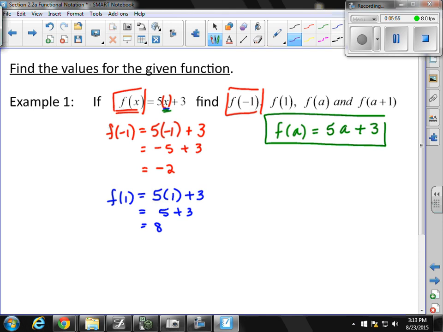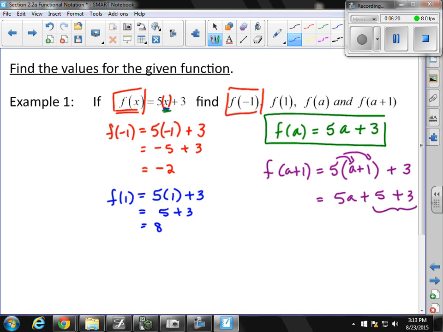And our last one here, we have f of a plus 1. So again, remember, we wrapped the variable in parentheses. Here we're going to plug a plus 1 inside parentheses and then add 3. I can distribute: 5a plus 5 times 1 is 5, plus 3, and then I can add my like terms together.